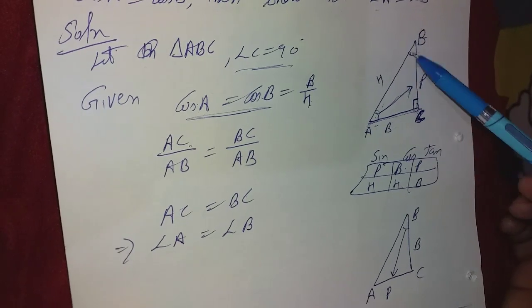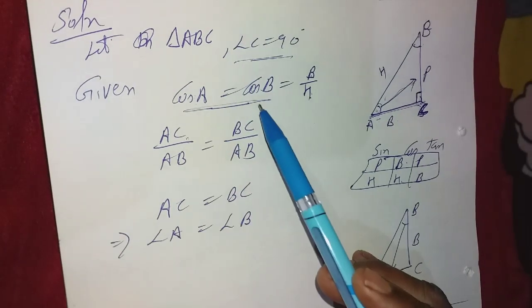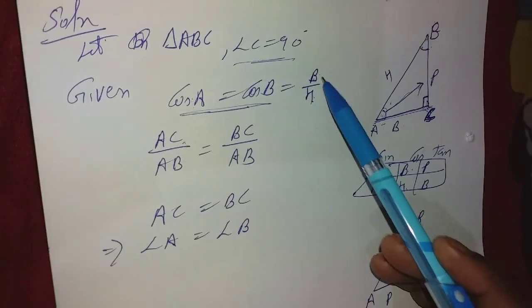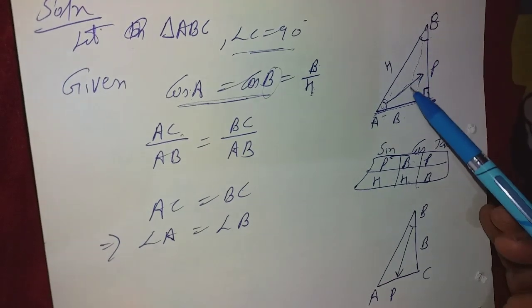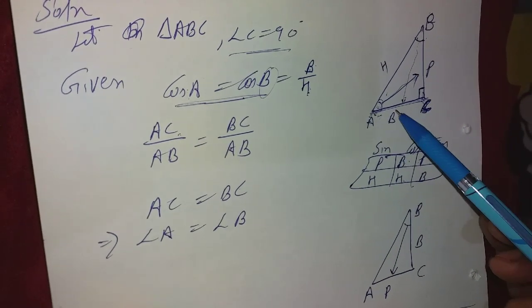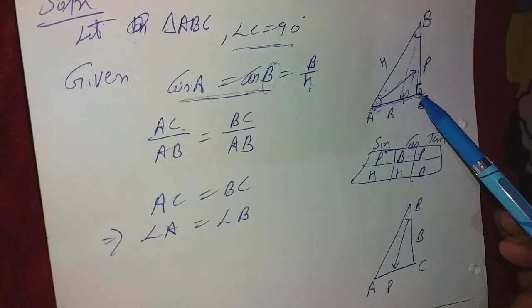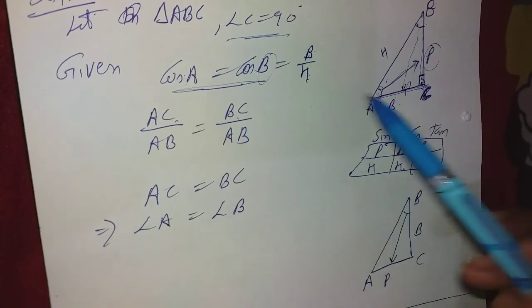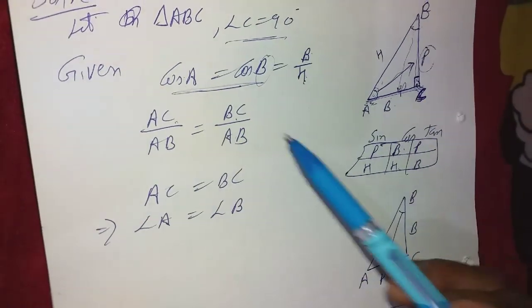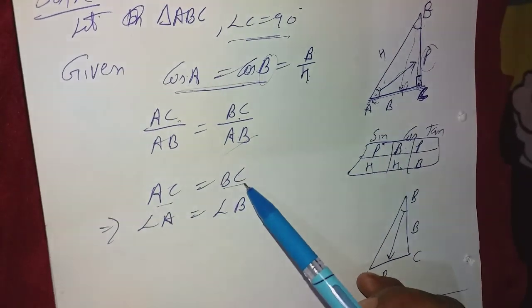Hypotenuse is AB. So put here AB, and the same for cos B, again B by H. For angle B, opposite to B is AC, that is perpendicular, and its adjacent side is BC, that is base. So base is BC, hypotenuse is AB. So AB cancels with AB, so left AC and BC.